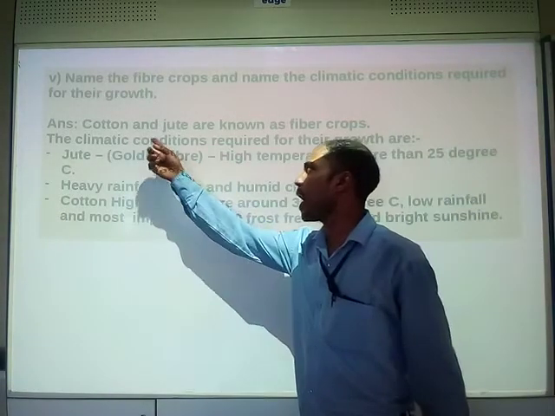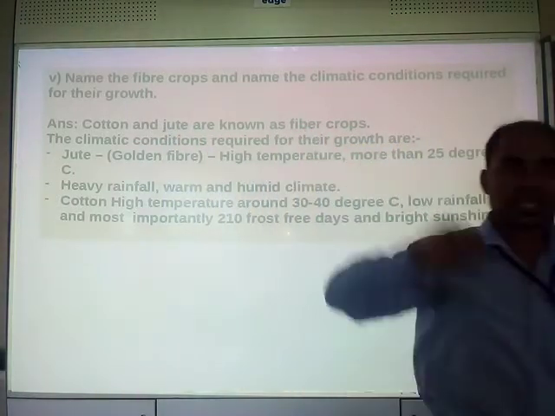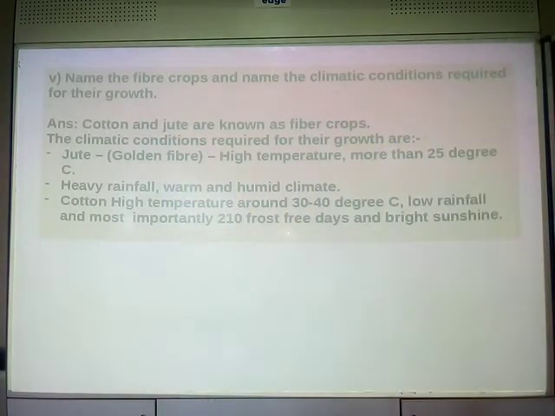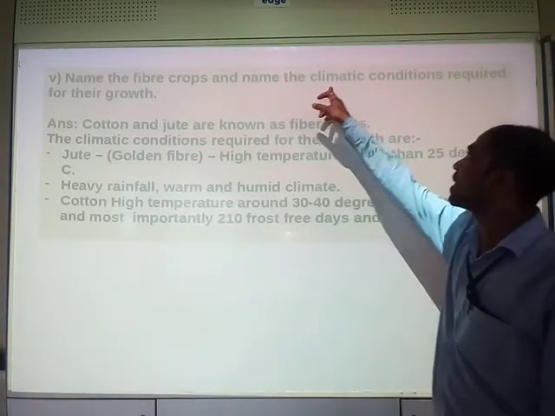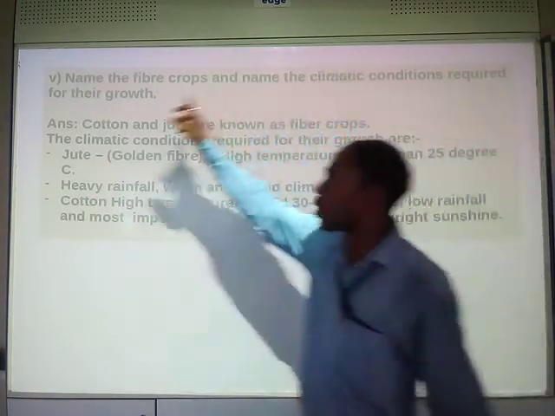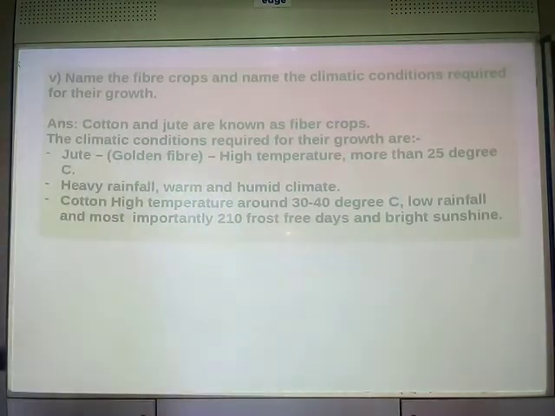So cotton and jute are known as fiber crops. The climatic conditions, and one more question is attached to it: the climatic conditions required for their growth. What kind of climate is suitable, is favorable for such a fiber crop?